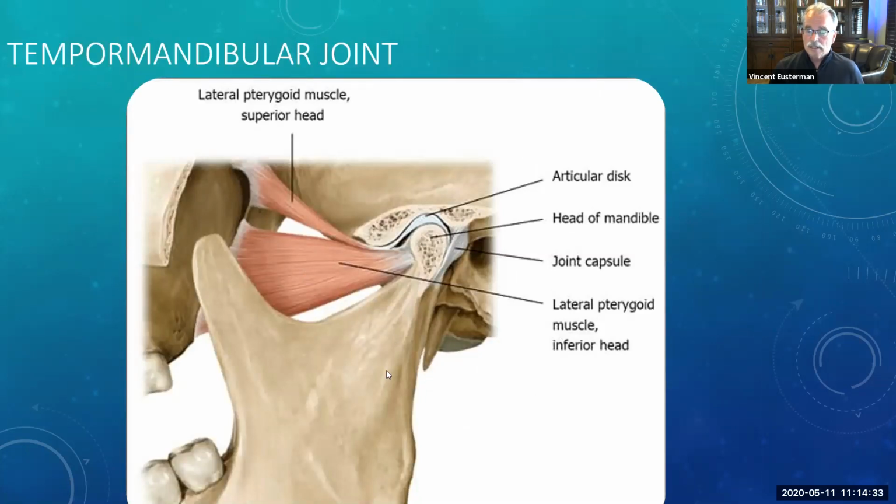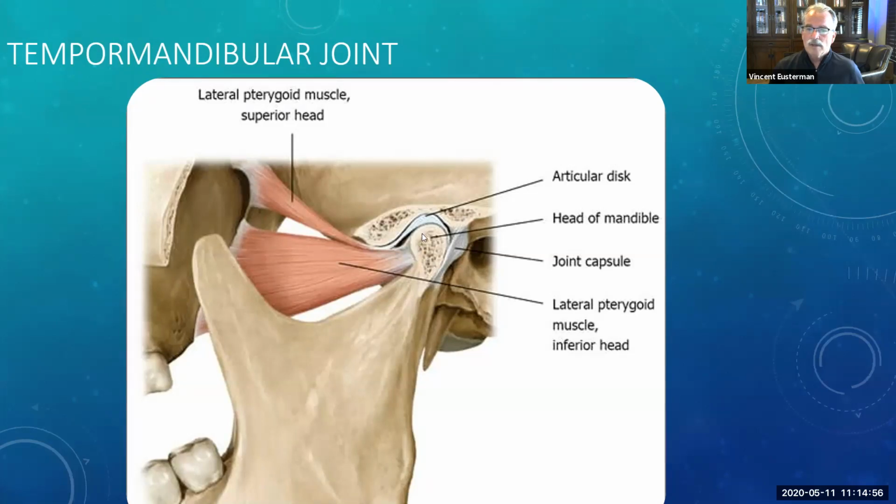Very important is the temporomandibular joint in all of this. The temporomandibular joint has an articular disc that's biconcave, and it's attached to the superior head of the lateral pterygoid, where the inferior head is a much larger muscle, and it's attached to the triangular fossa here at the condyle.